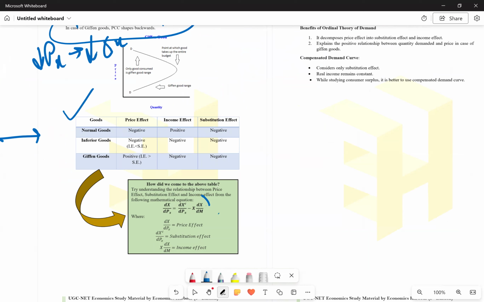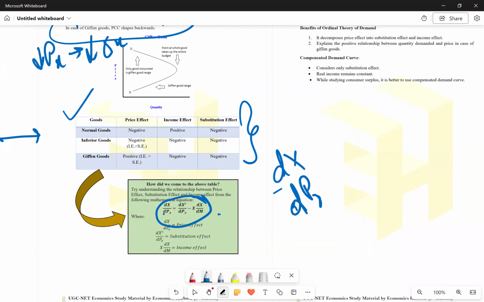Once you're clear with this equation, you will be clear with this table as well. Now, dx by dpx is your price effect: the change in quantity of X due to change in price of X.